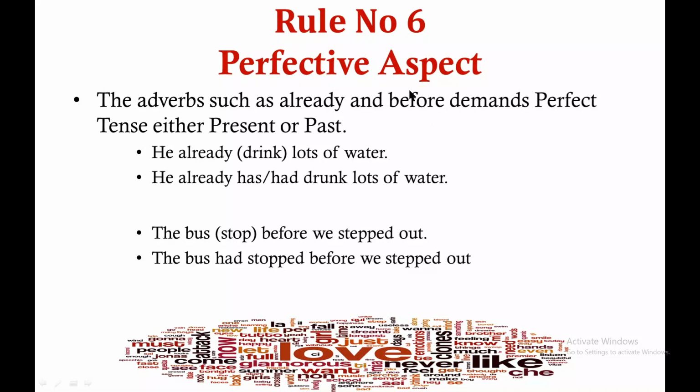If you see these two words in the sentence, you have to use perfect tense, either present or past. So he already drinks lots of water will become, he already has drunk lots of water, or he already had drunk lots of water. So if these two words are in the sentence, you have to use present perfect tense or past perfect tense.